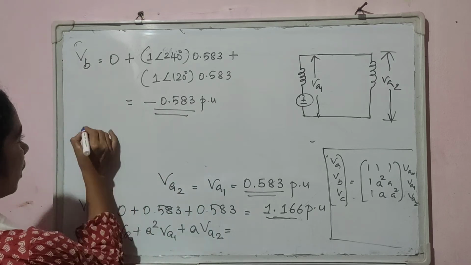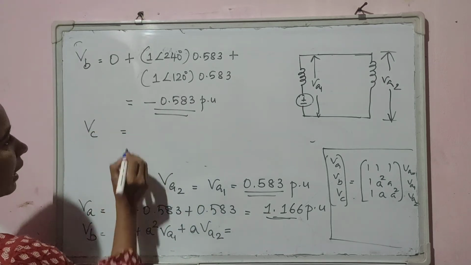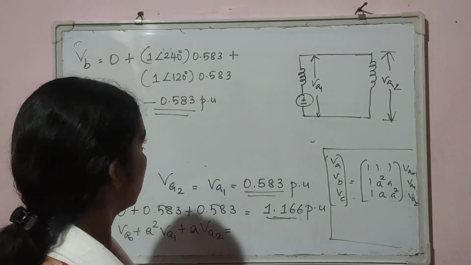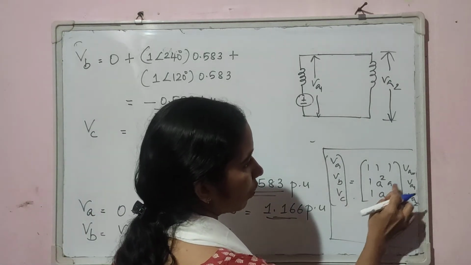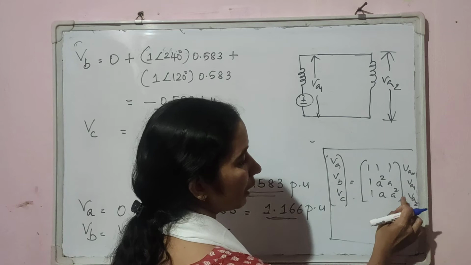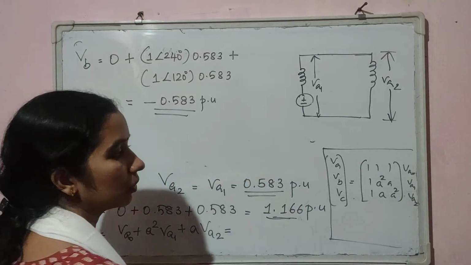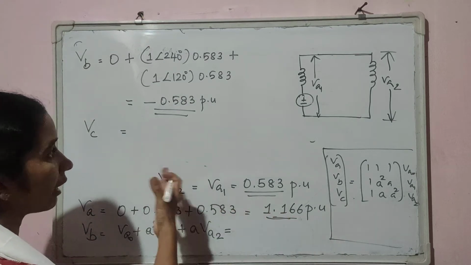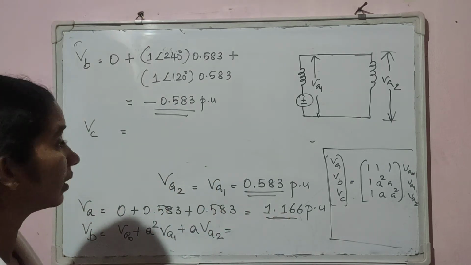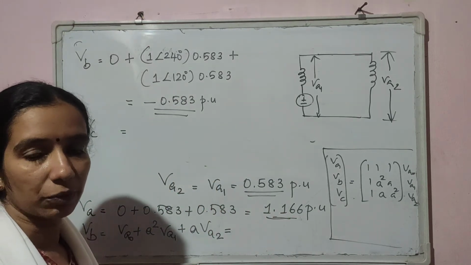Okay, now VC, we have to calculate VC. So VC is, equation wise, VC is equal to 1 into VA0 plus A into VA1 plus A square into VA2. That is A into VA1 plus A square into VA2. But we don't have to calculate VC using that particular equation.